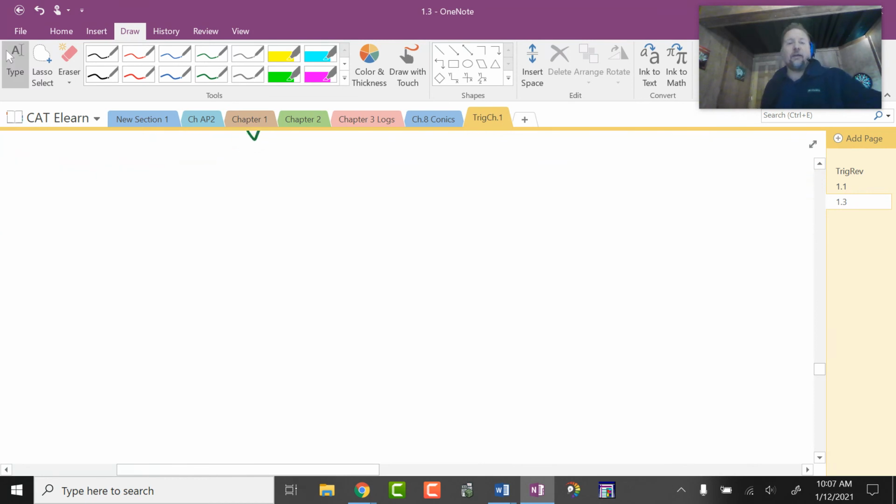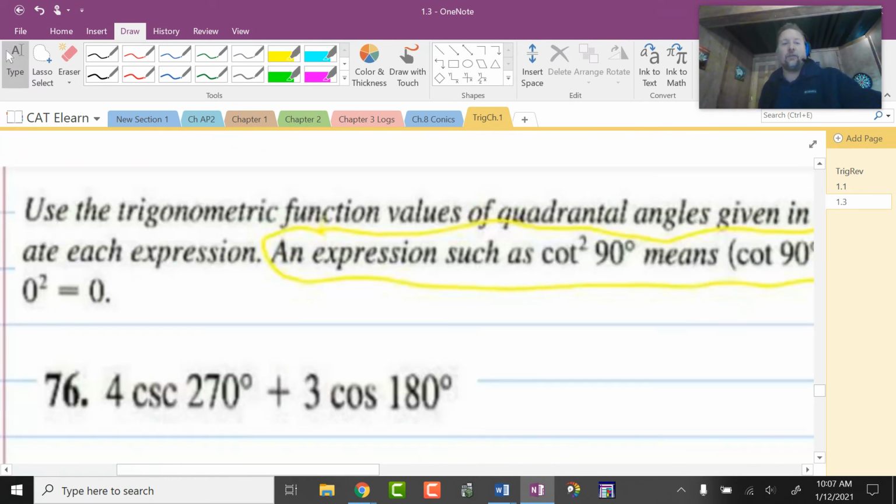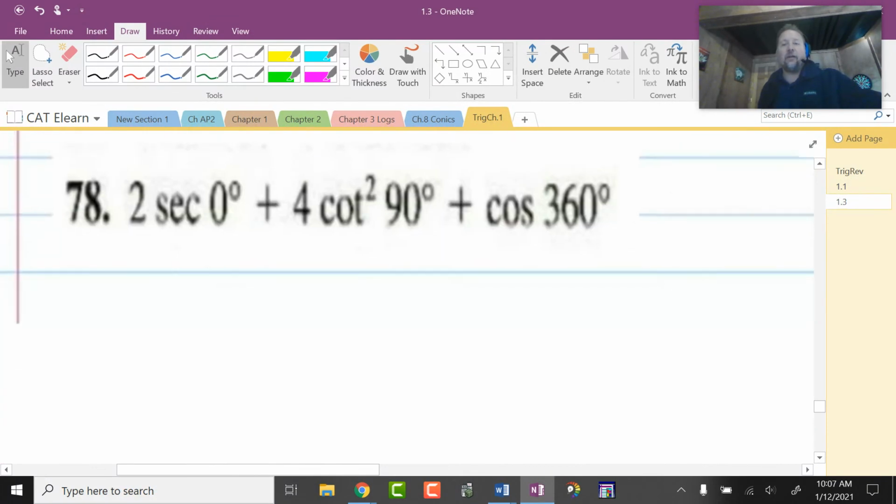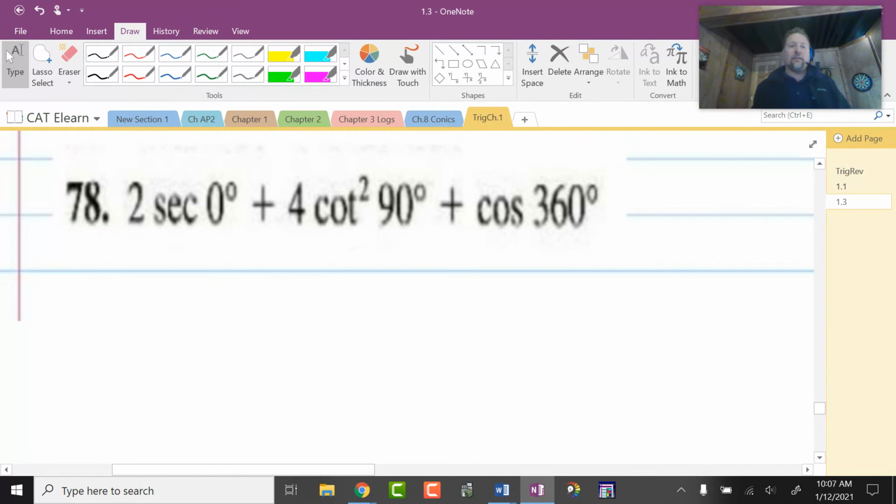All right. Now, I don't have a lot of time for this one, so I'm only going to do one. You don't need the directions. It's going to be evaluate. As you're writing this down, I'm going to rewrite one of these. We're going to do the secant of 0 degrees.